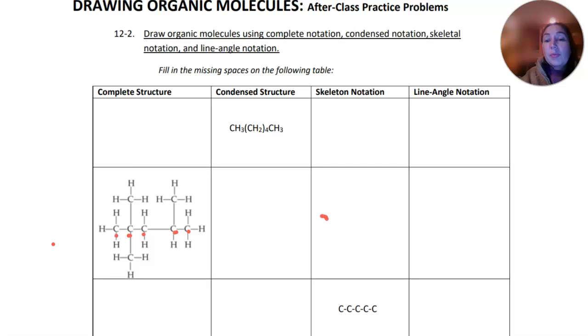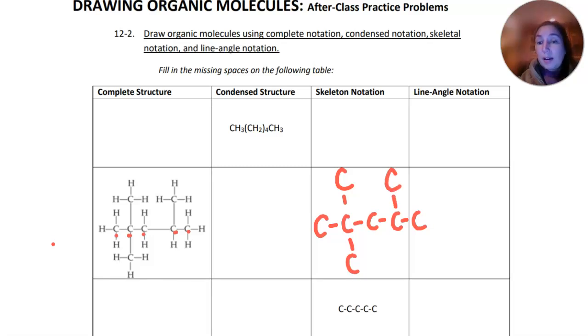I'm going to just go ahead and put those in my skeleton. 1, 2, 3, 4, 5. On the second carbon, there was a carbon coming down and a carbon coming up. The third carbon was fine, no groups. The fourth carbon has a carbon coming up from it. I think I'll tackle the line angle next.